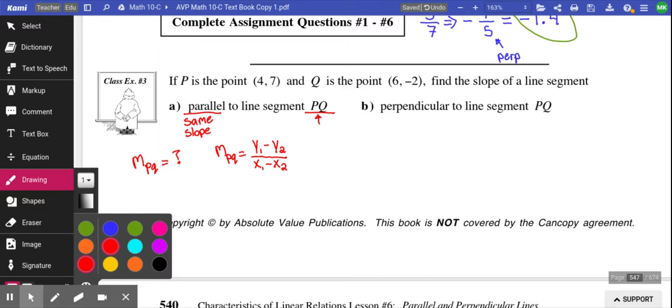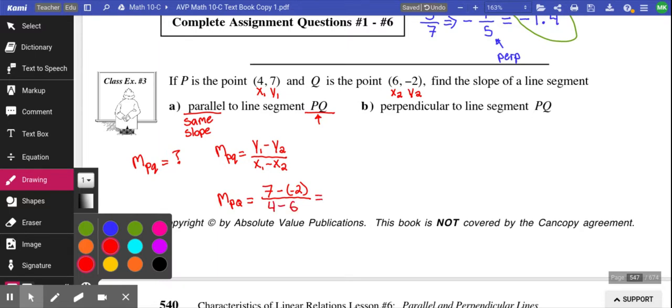Looking at our points, I'm going to call one of these points x1, y1, and the other point x2, y2. We could then plug those numbers in. I'm going to go decently fast. Sorry, I should be doing my Q's capital because they're capital in the question. y1 is 7 minus y2, which is negative 2, divided by x1, which is 4, minus x2, which is 6.